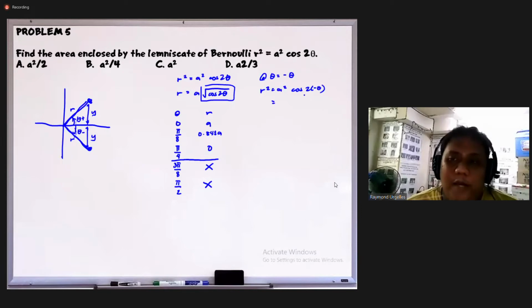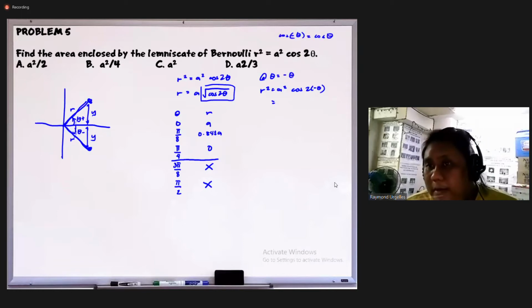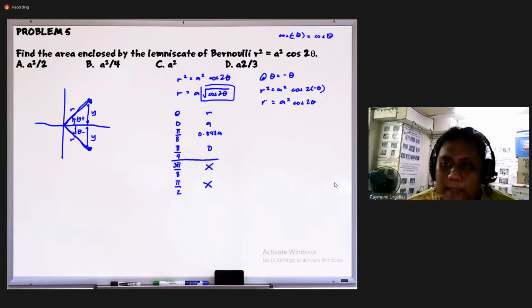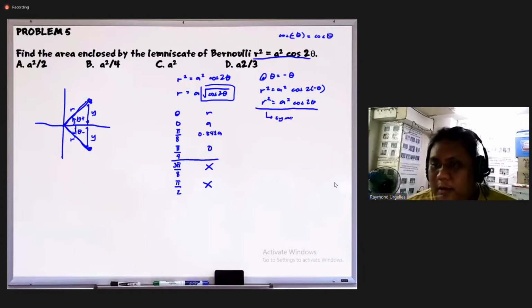If you know properties of cosine theta, cosine of negative theta is just equal to cosine of theta. That's why this will become a squared cosine 2 theta. Meaning, hindi nagbago yung equation natin. The same equation lang yan kahit palitan mo yung theta ng negative theta. So this means that this is symmetric with respect to x-axis.